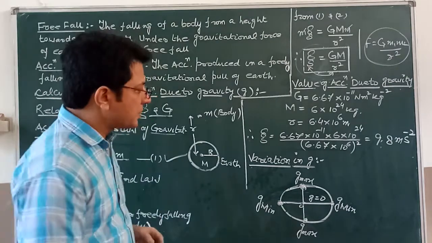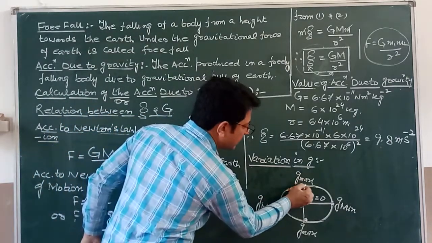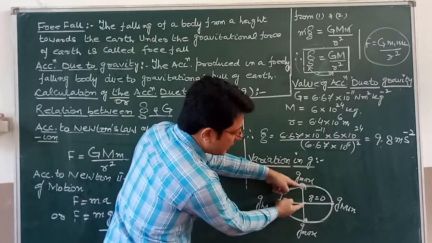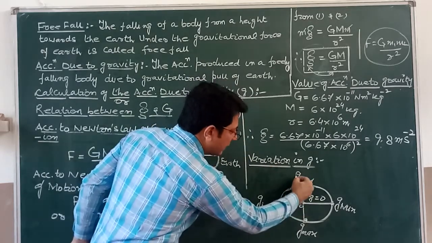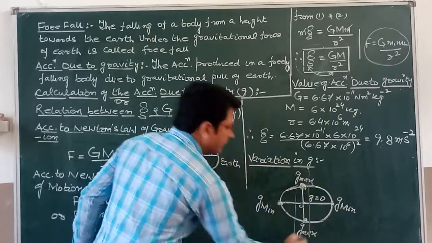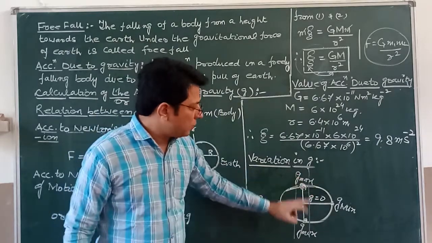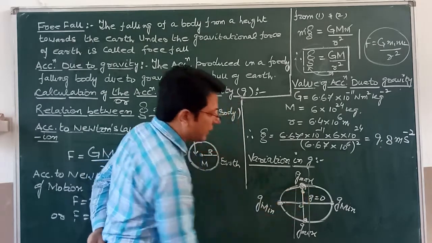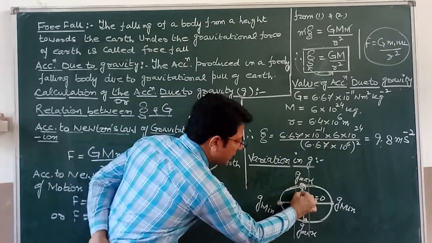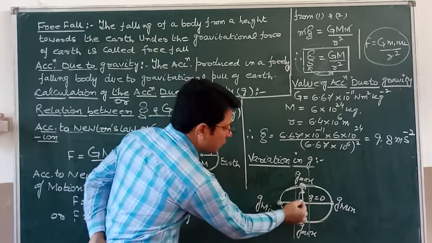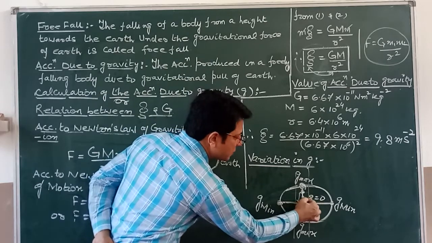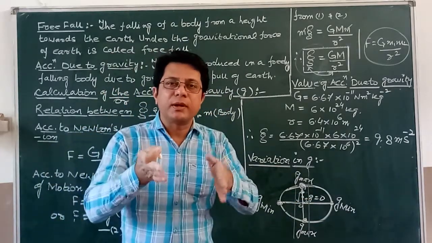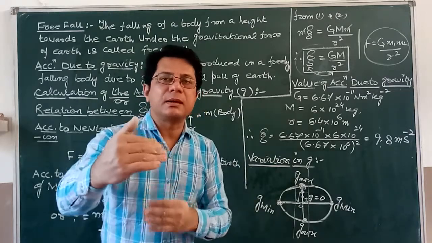But look at this. Suppose a body is lying here, then the distance is this one. Suppose if you make a tunnel in the Earth from the North Pole to the South Pole, and a stone comes here, then the distance will be even less. When you are approaching towards the center of the Earth, distance is decreasing continuously.